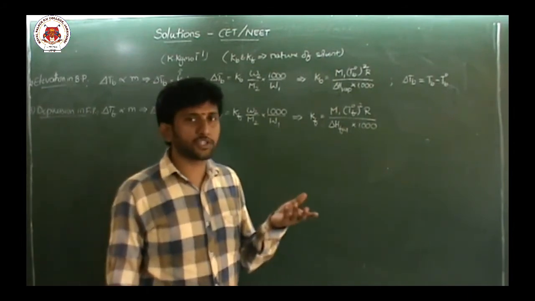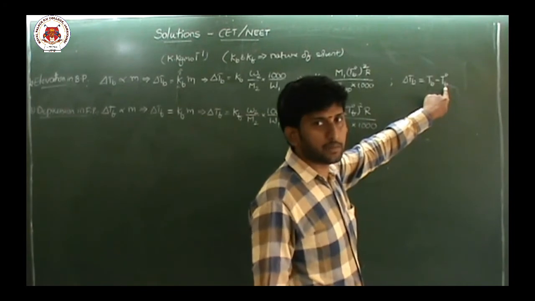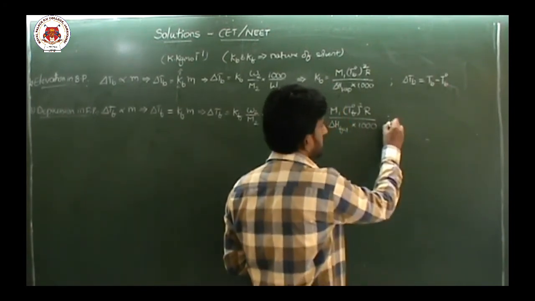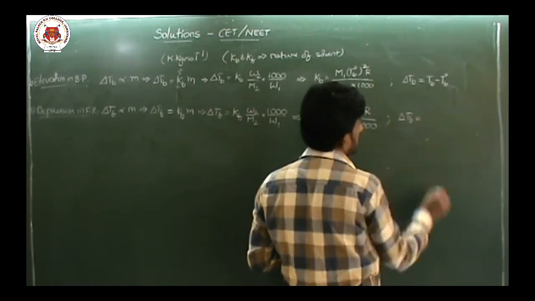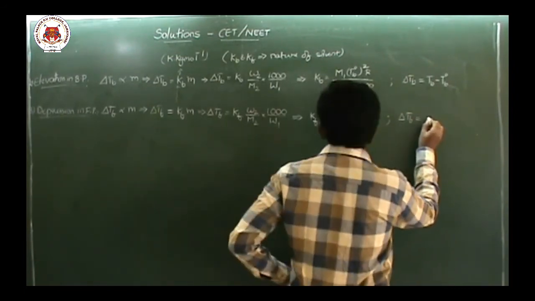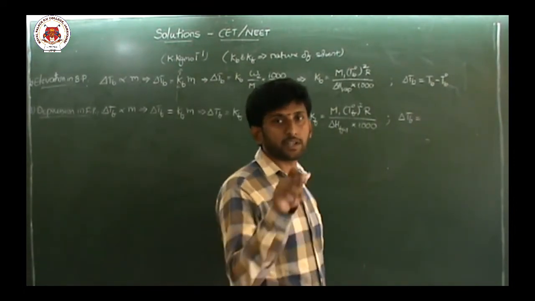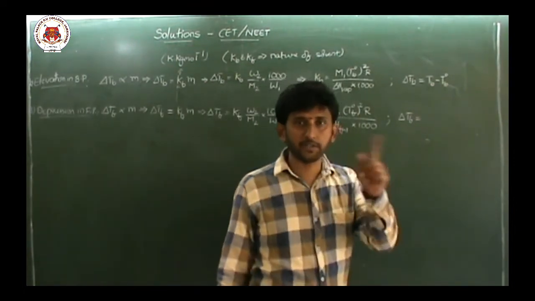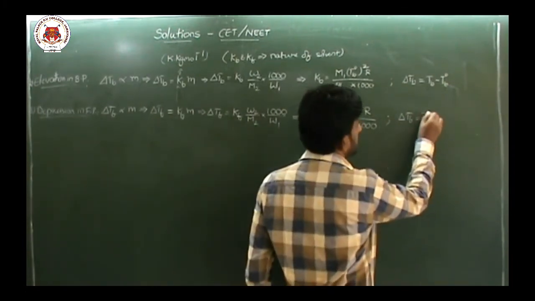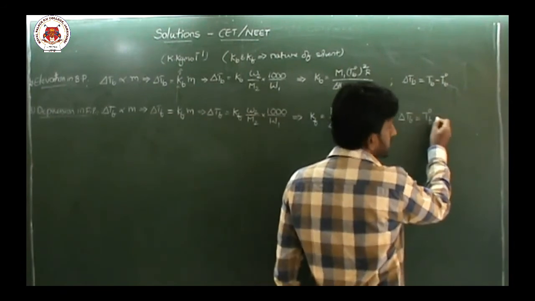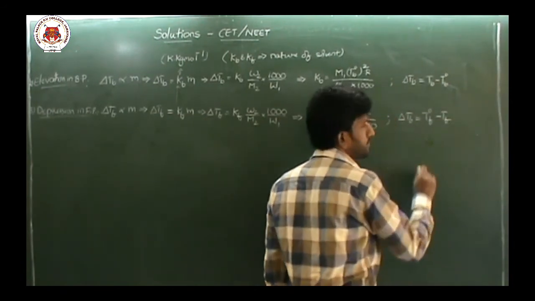Solution boiling point minus solvent boiling point. I can also write like this: delta Tf is equal to, here what is happening? Depression in freezing point. Freezing point of solvent is greater than the freezing point of solution. So that means freezing point of pure solvent minus freezing point of solution.